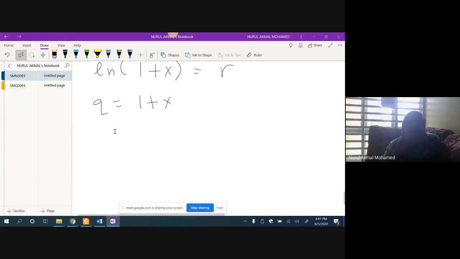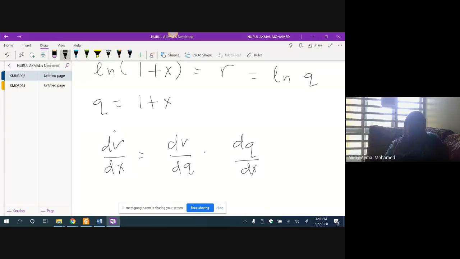You want to find the derivative dr/dx, which is equal to dr/dq multiplied with dq/dx. So r is ln q. dr/dq is equal to 1 over q, and dq/dx is equal to 1.